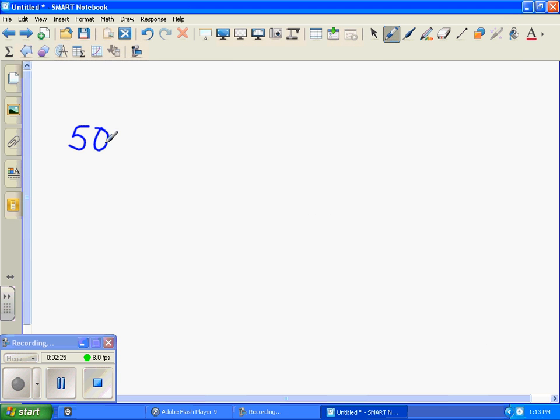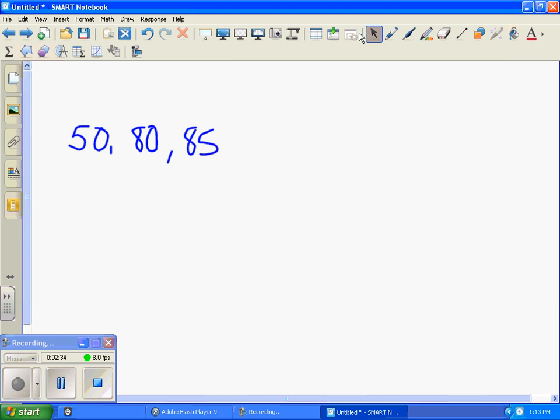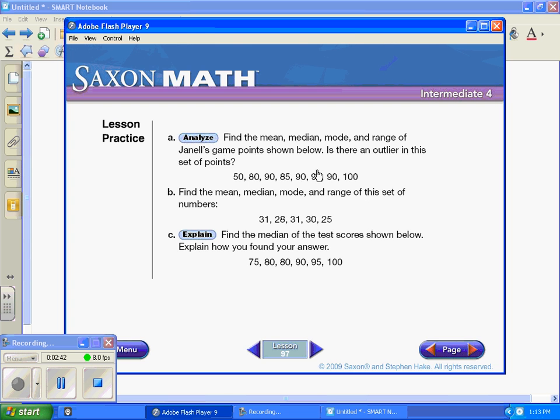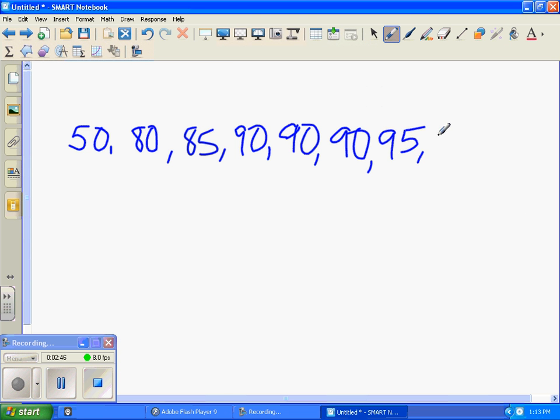And I only had 185, just double checking. 3 sets of 90. I only have 195 and 100. And we've got 1, 2, 3, 4, 5, 6, 7, 8.